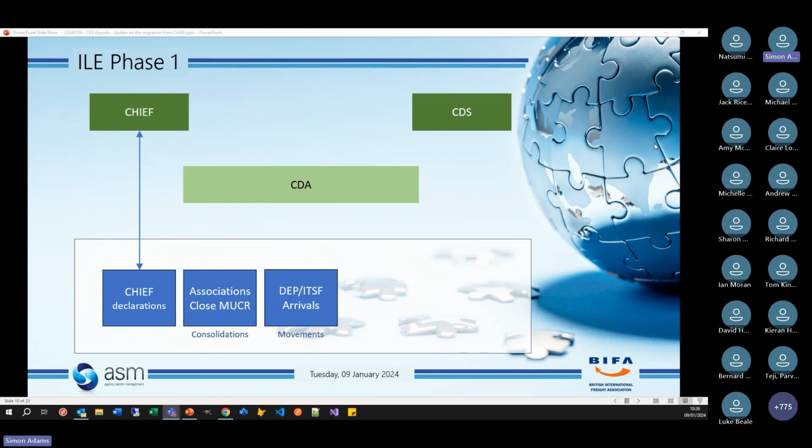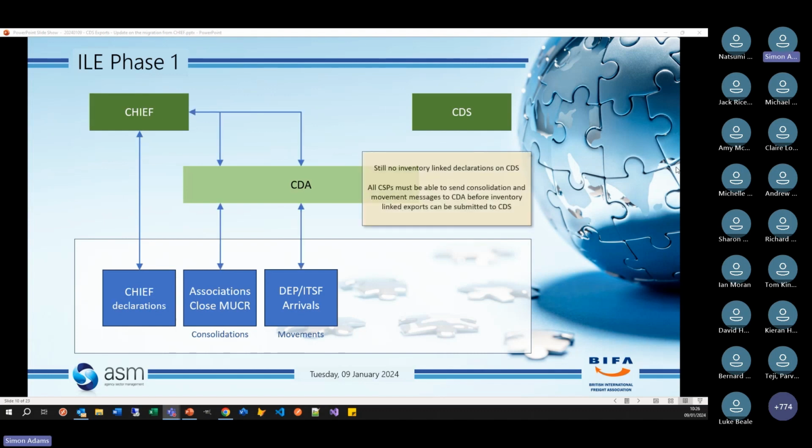So CDA was invented as a bit of middleware where during phase 1, all the CSPs involved in exports could start sending all the consolidation messages they received from forwarders and any movement messages they received from sheds and ports and airports.